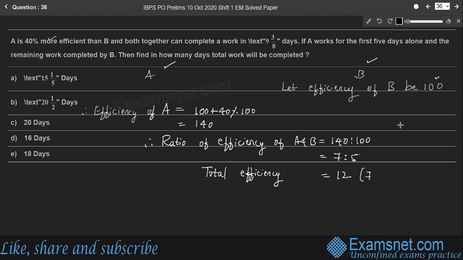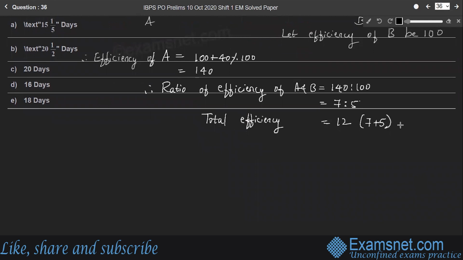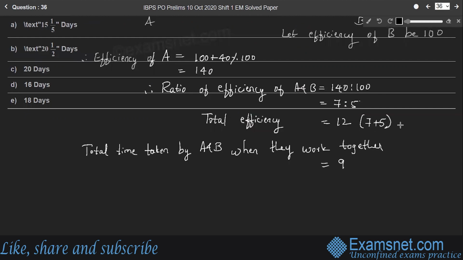And the total time taken by A and B when they start working together, or when they work together, is equal to 9 integer 3 by 8 days.